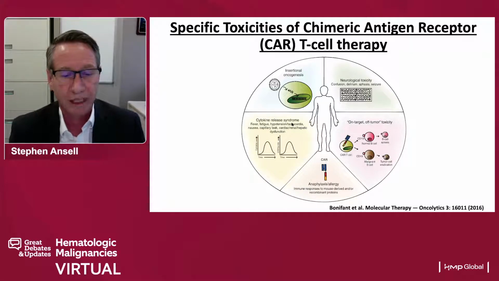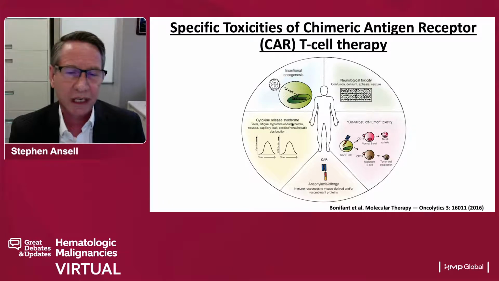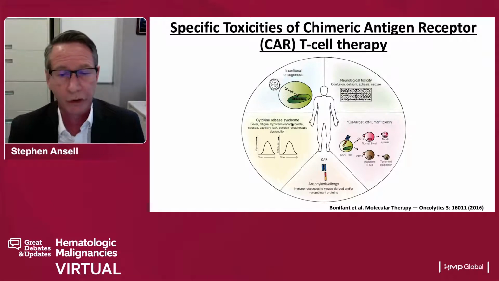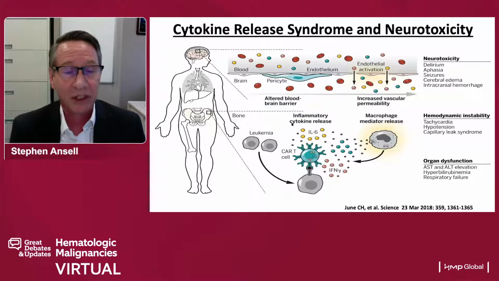You can see at the bottom the allergic anaphylactic reactions just from the foreignness of the chimeric antigen receptor, the potential insertional oncogenesis you see at the top left, and then cytokine release, neurological toxicity I'll discuss in the next slide. But one additional thing important to recognize is the on-target off-tumor toxicity. In other words, we're targeting malignant B cells in the case of a CD19 CAR, but that will also deplete all B cells, resulting in B cell aplasia.